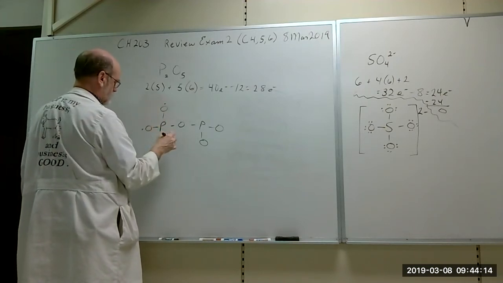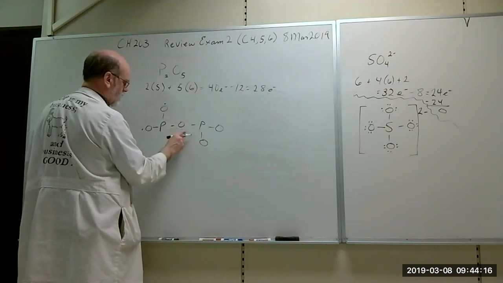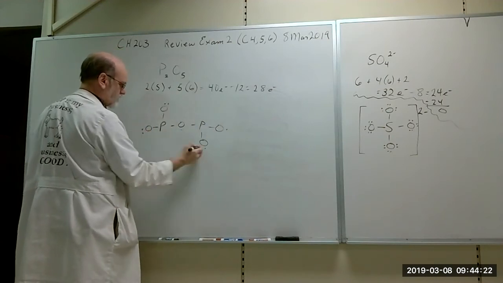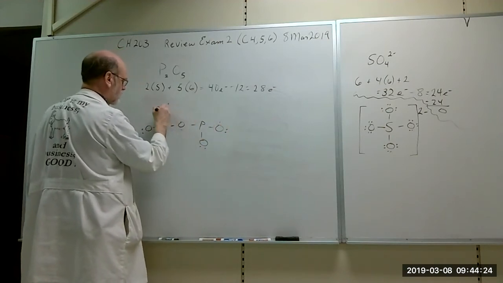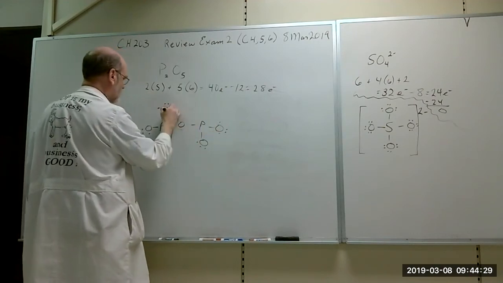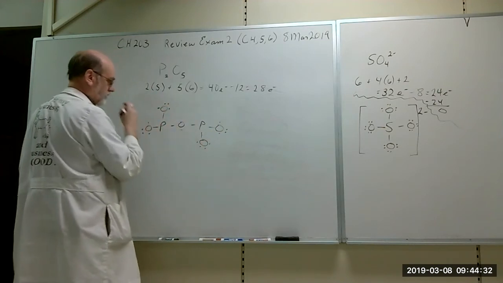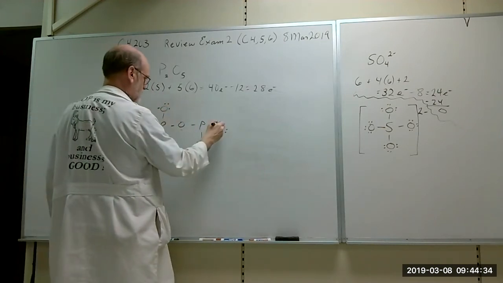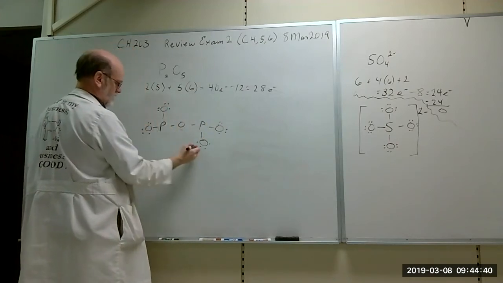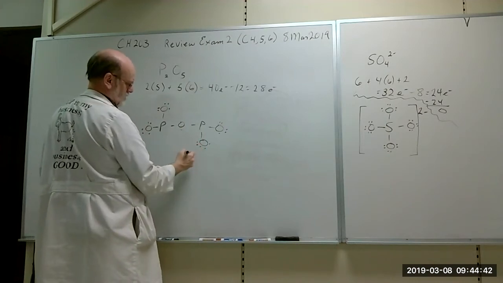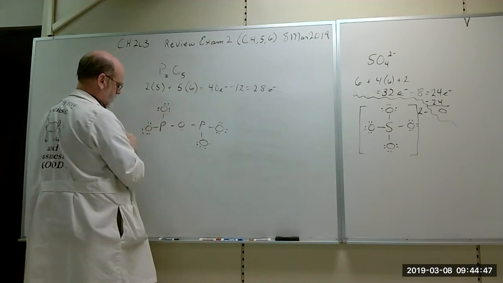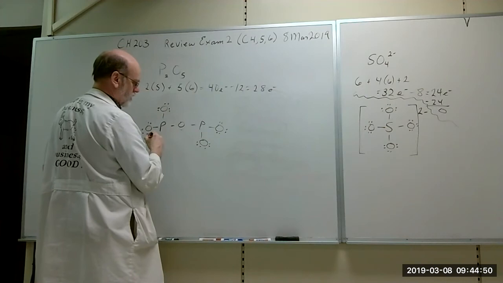1, 2, 3. No, this is in the center. So 1, 2, 3, 4, 5, 6, 7, 8, 9, 10, 11, 12, 13, 14, 15, 16, 17, 18, 19, 20, 21, 22, 23, 24.